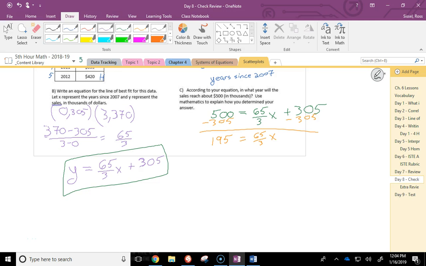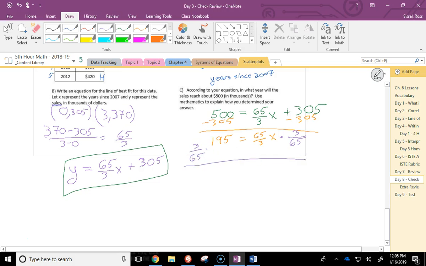Here's how. Remember, when we solve the equation, this is like if I would have given you just the equation and said, hey, what's x equal? And I say 195 equals 65 thirds x. To get rid of the fraction, you multiply by the reciprocal, and you do that on both sides.